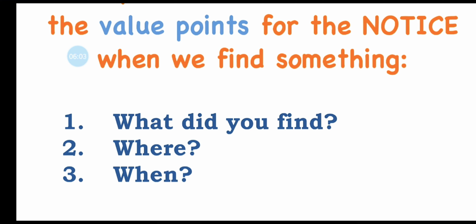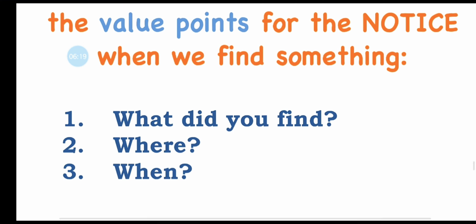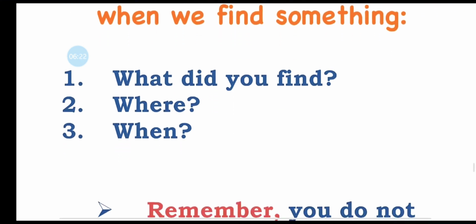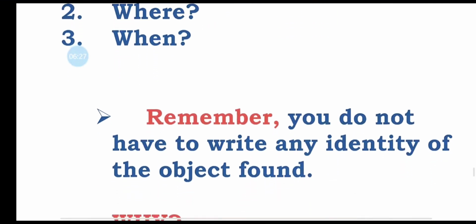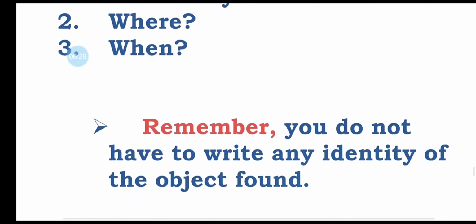It is a Titan watch or it has a Mickey Mouse picture on the dial and stuff like that. But here, when you are writing about finding a watch, you do not include any kind of identification. Okay, so you have to remember that these 3 value points are included, but you do not have to write any identity of the object found.